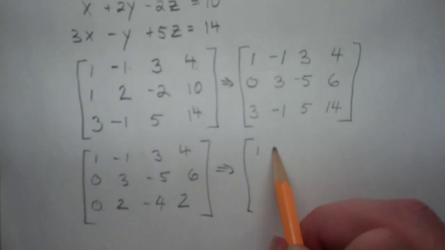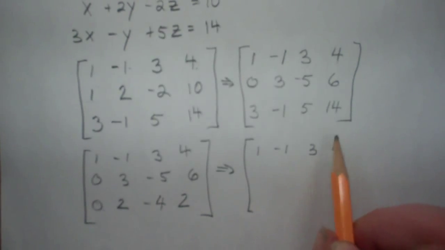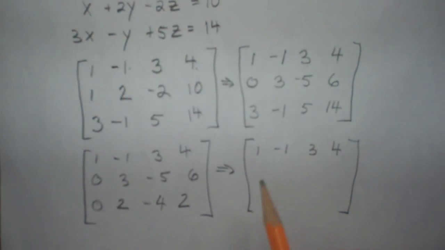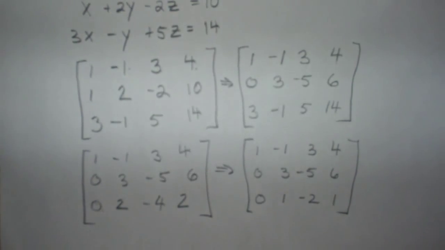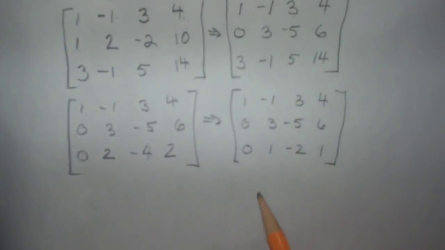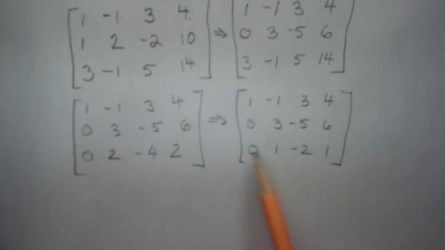So we have 1, -1, 3, and 4. 0, 3, -5, and 6. Now I'm going to divide through by 2, so we get 0, 1, -2, and 1.